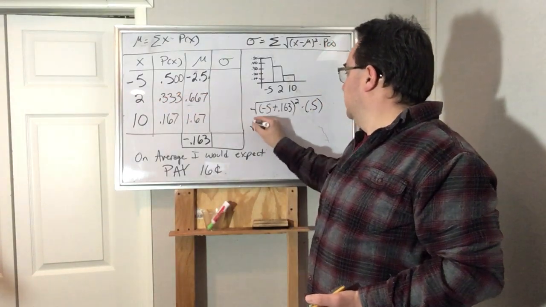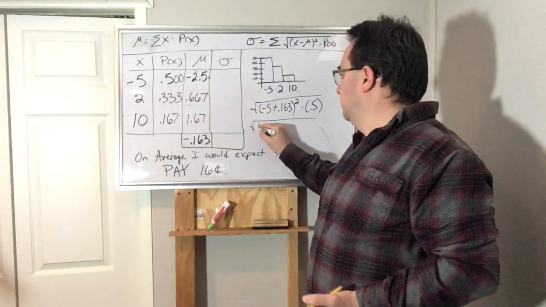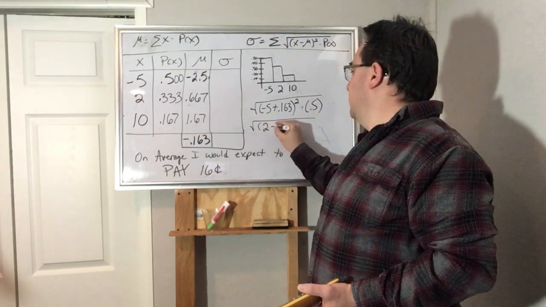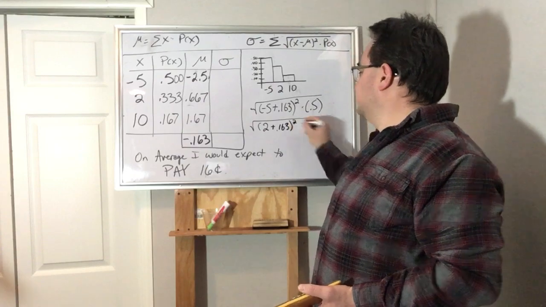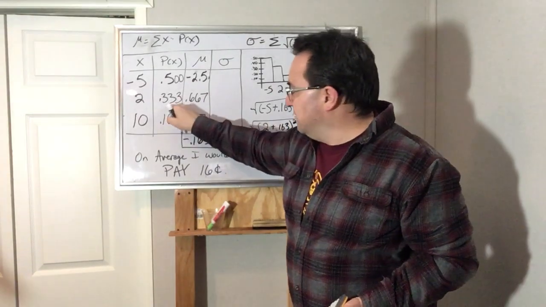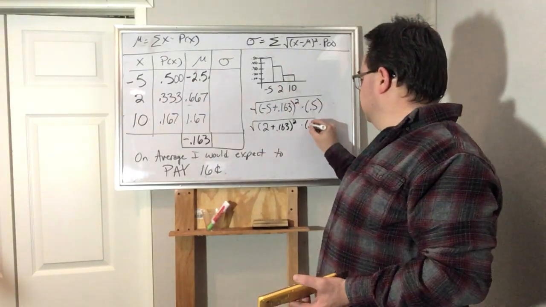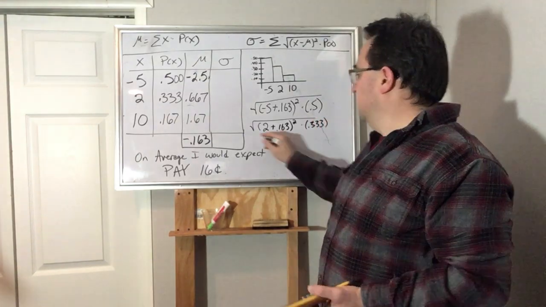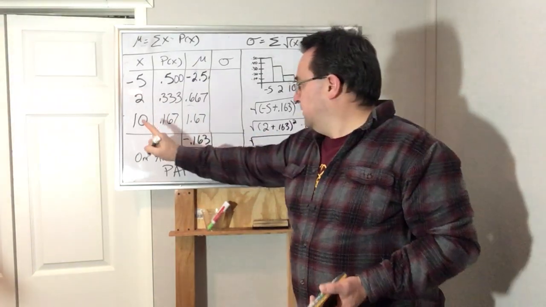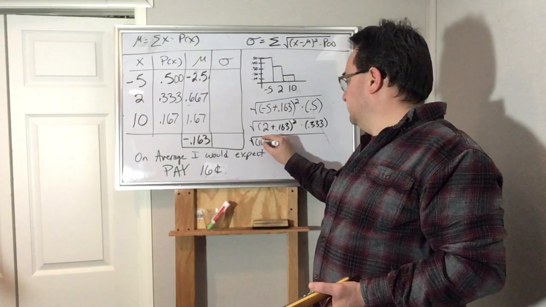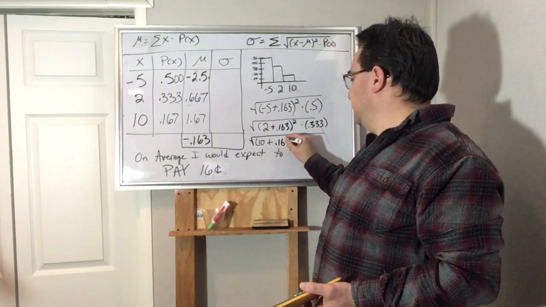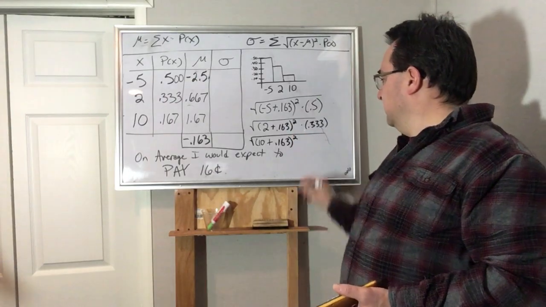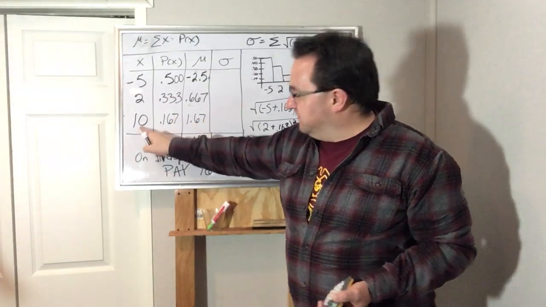Row 2, the square root of 2 minus a negative 0.163 squared times the probability of that happening. Row 3, that x, that outcome, minus the mean, so minus a negative, squared, times the probability of that happening.